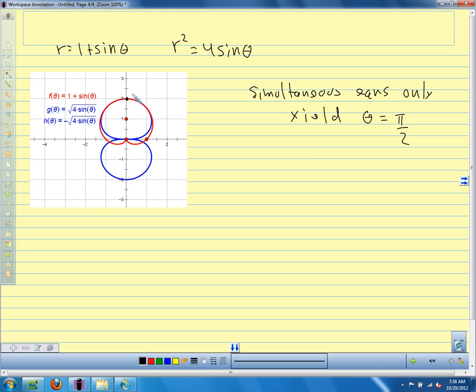So we missed 3 points. One of them does happen to be at the pole, but we also have these 2 points down here that our simultaneous equations don't give us. And the only way we can figure out what they are, or that they even happen, is by looking at this graph. So in this situation, what tools do we have available to us to find those solutions?